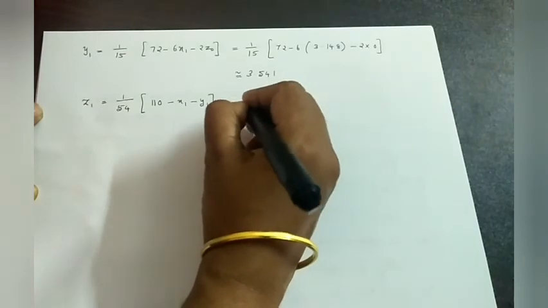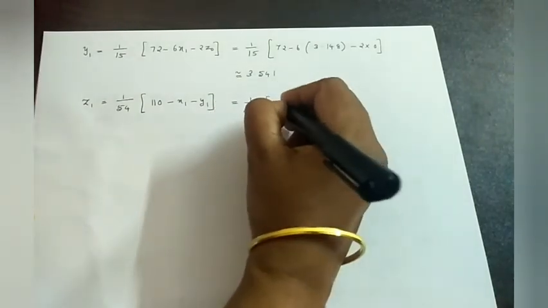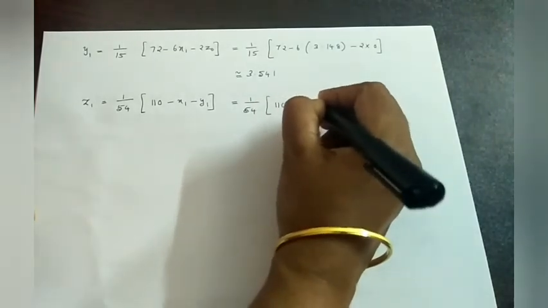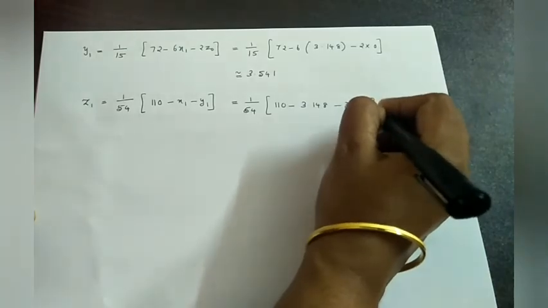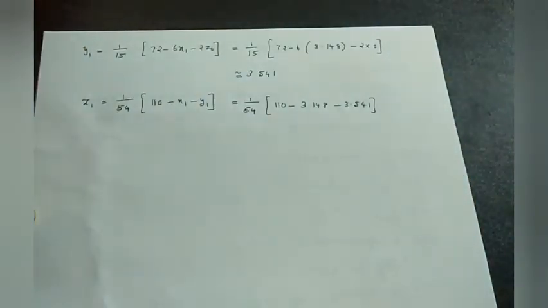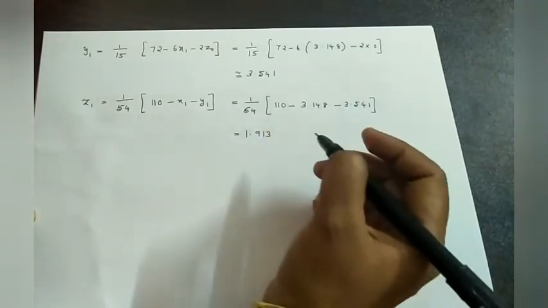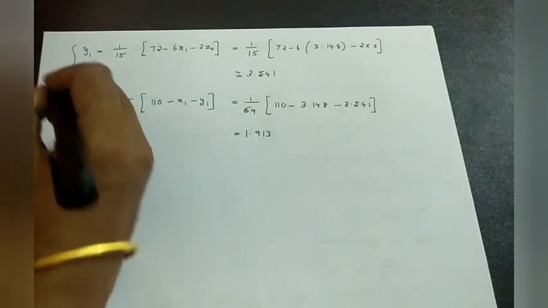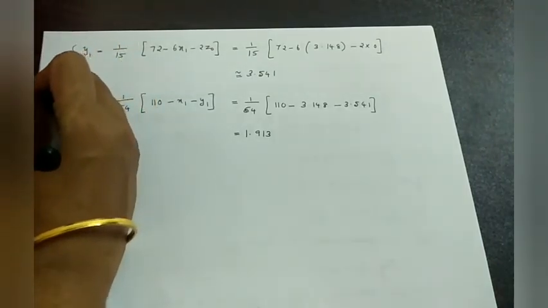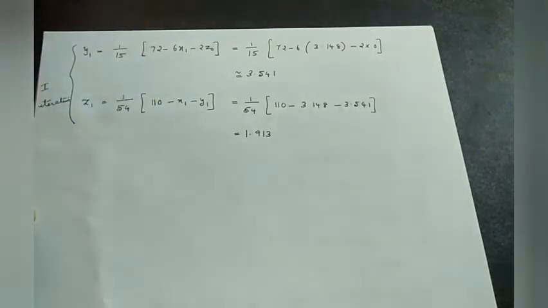It is equal to 1/54 (110 - 3.148 - 3.541), which is approximately equal to 1.913. These are the first iterations. x1, y1, z1 is the first iteration. Similarly, we can find out the second, third and fourth one.